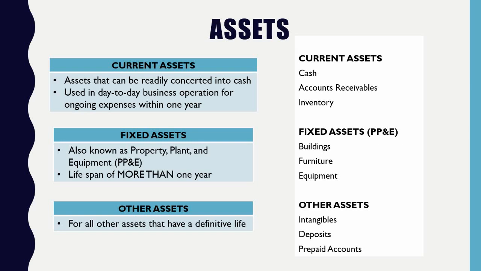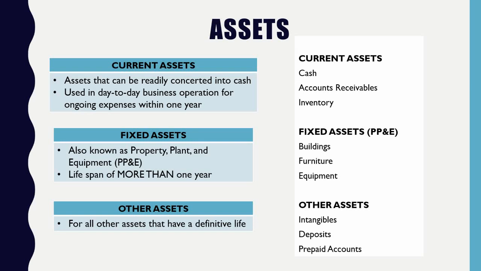Now, as we look further down into assets, it's broken down into categories. And these categories are separate from your main accounts and sub accounts. This is going to help you further break down your assets into sections for your accounts to fall under.